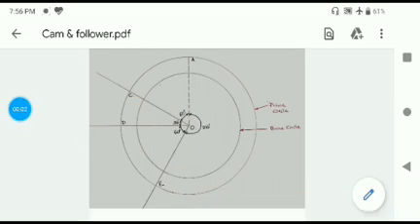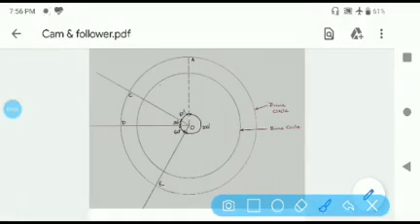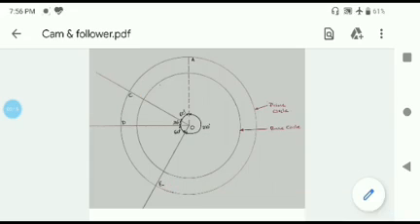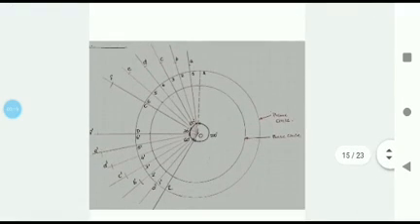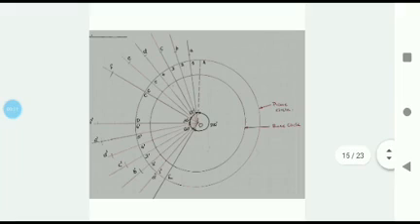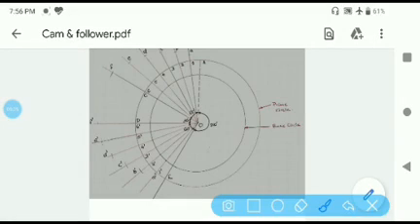You need to label the intersecting points of the lines with the circle. Like here you have C, here D, here E, like we had done in the previous question. Now you have to divide the outstroke region and the return stroke region into 6 equal parts.